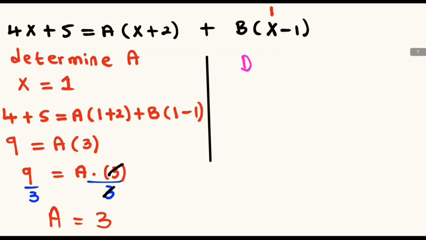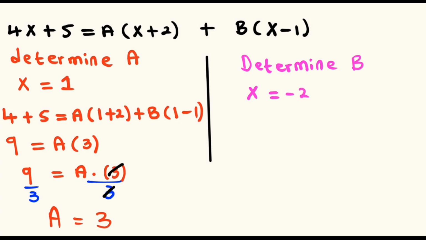On the other side, we determine the numerical value of b by strategically letting x be equal to negative 2. As we can see, negative 2 plus 2 will be equal to 0, and the 0 multiplied by that a will be equal to 0, giving us a chance to determine the value of b.